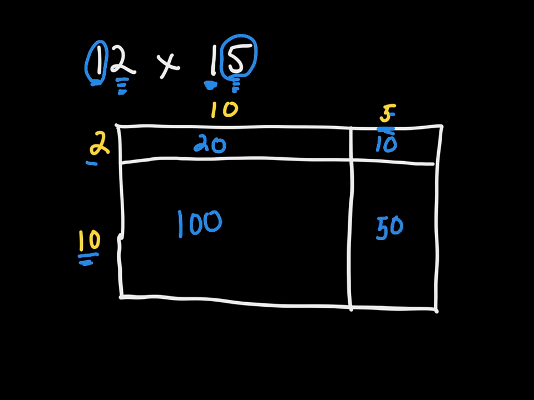So now we have 4 partial products that we have to add up. When we add them up, we get 100, 50, 20, and 10. When we add up our partial products, we get 180.